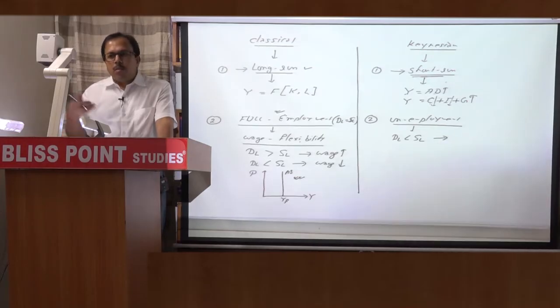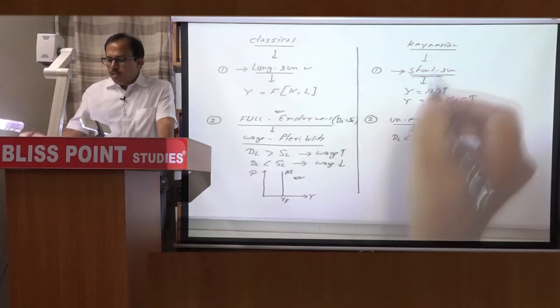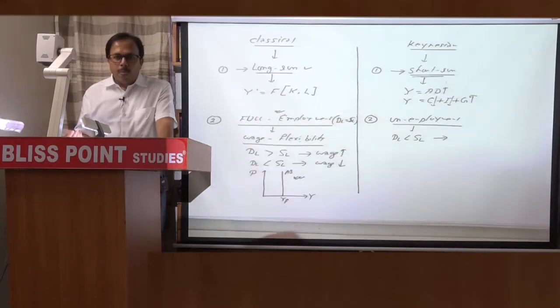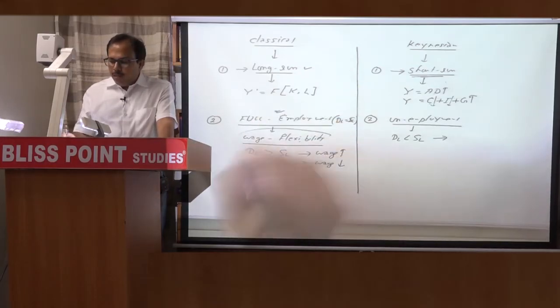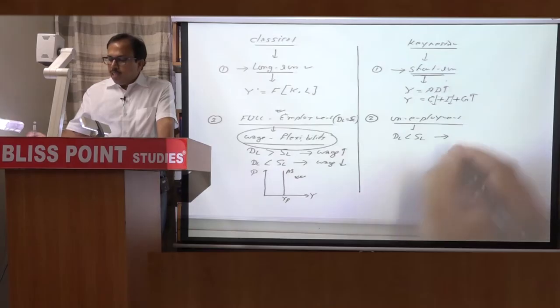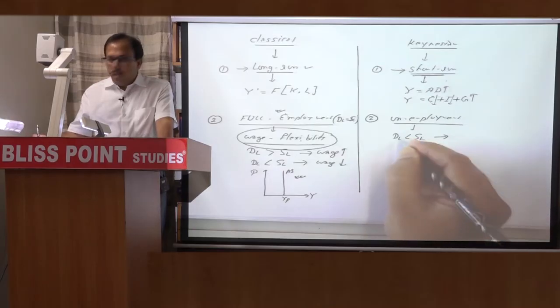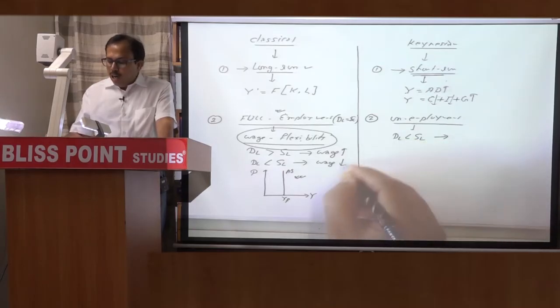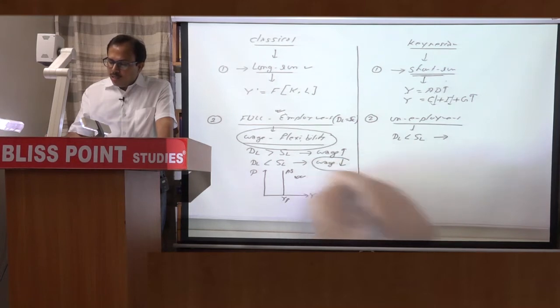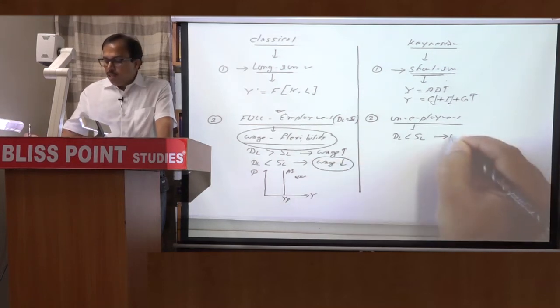Because the assumption made by Keynes is different. Keynes does not agree with the classical view that wages are flexible. Keynes said that even when supply of labor is more and demand for labor is less, unlike the classical view that wages will fall in that situation, wages are rigid.